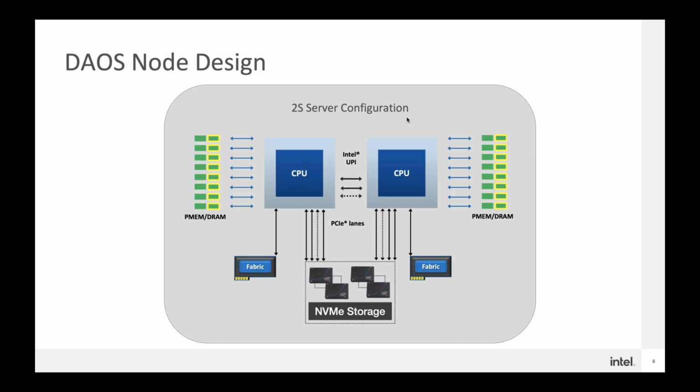And because all this metadata can be accessed by load and store instructions directly, it will significantly simplify the metadata stack, because we can just use common data structures like, for example, B+ tree and R-tree, and don't need to worry too much about traditional issues like alignment or disk seeking, etc.